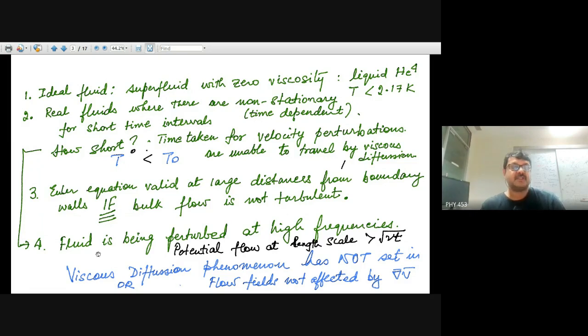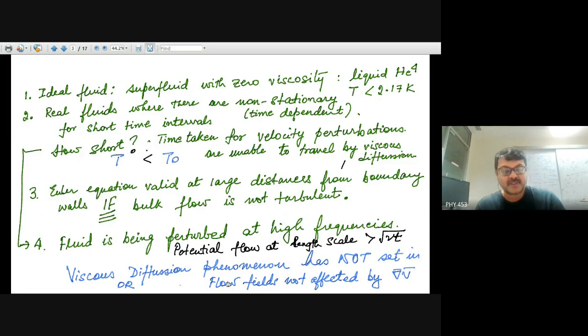If the fluid is being perturbed at extremely high frequencies, very short time periods, and you're looking at flows at length scales much greater than the square root of nu, the kinematic viscosity, times time, so you're looking at length scales where diffusive transport of momentum hasn't taken place, there again you can use the Euler equation.